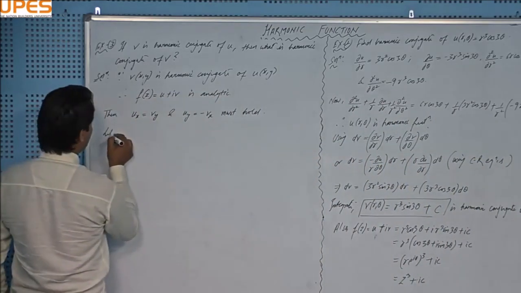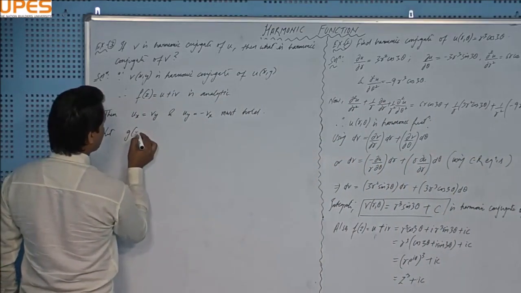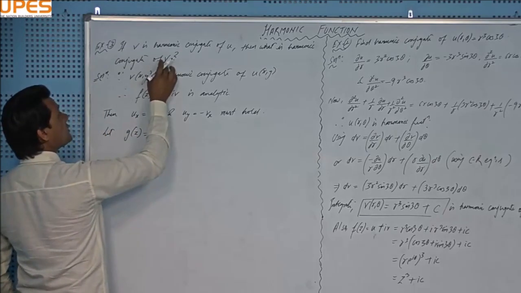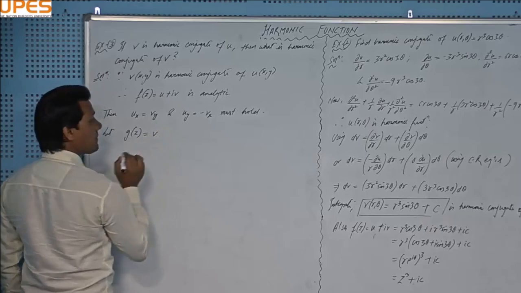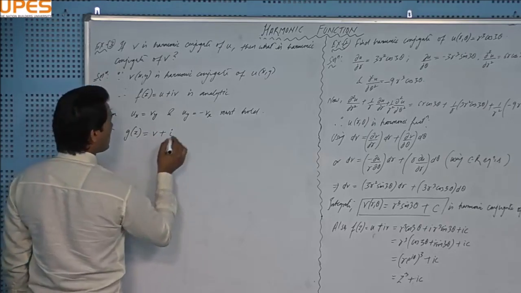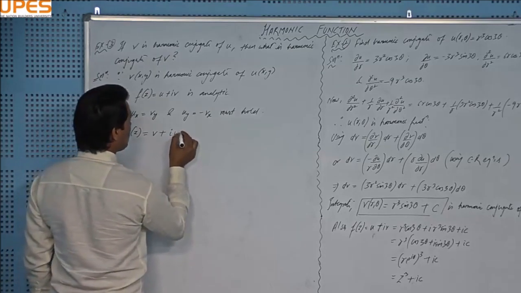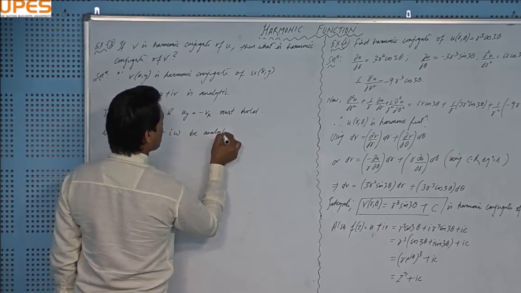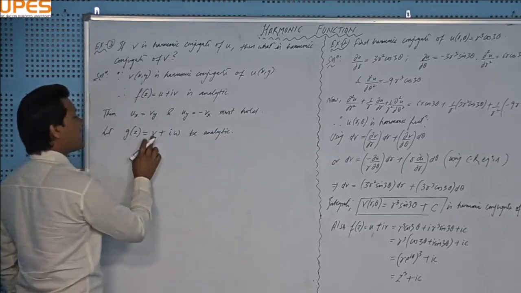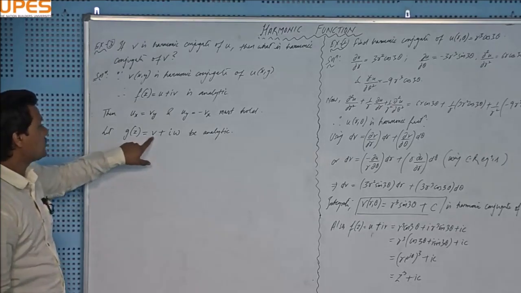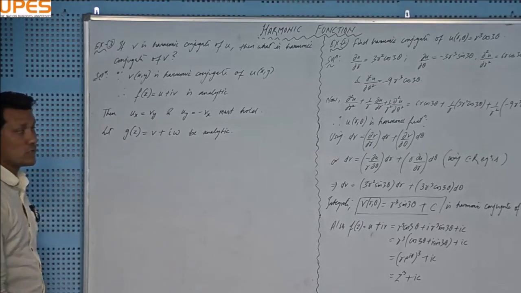Let g(z) be equal to, the real part is given, v plus iota, and let me call it w, be analytic, right? You are given that v is a harmonic function and the real part of some function, and you need w, right?